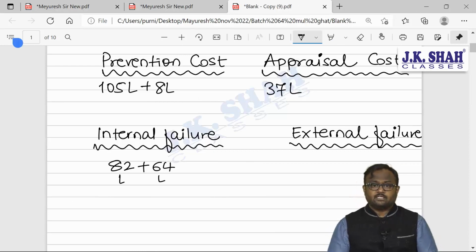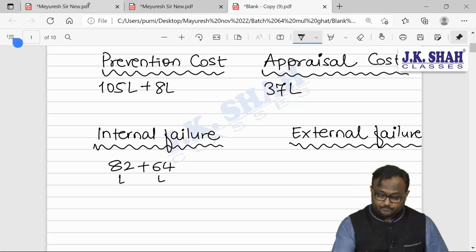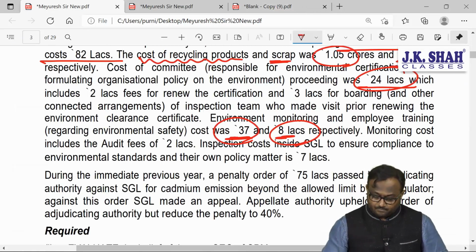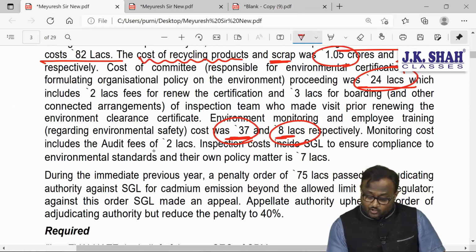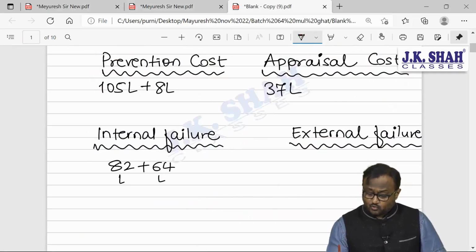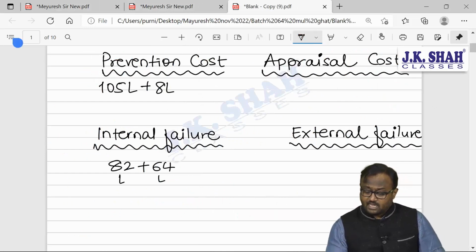Appraisal cost. Appraisal means you find out how much is the emission, whether it is more, whether it is less. It's a comparison. What it actually should be and how much it is actually. But monitoring cost includes 2 lakhs audit fees. If this includes 2 lakh audit fees, I cannot take 37 lakhs as appraisal cost.